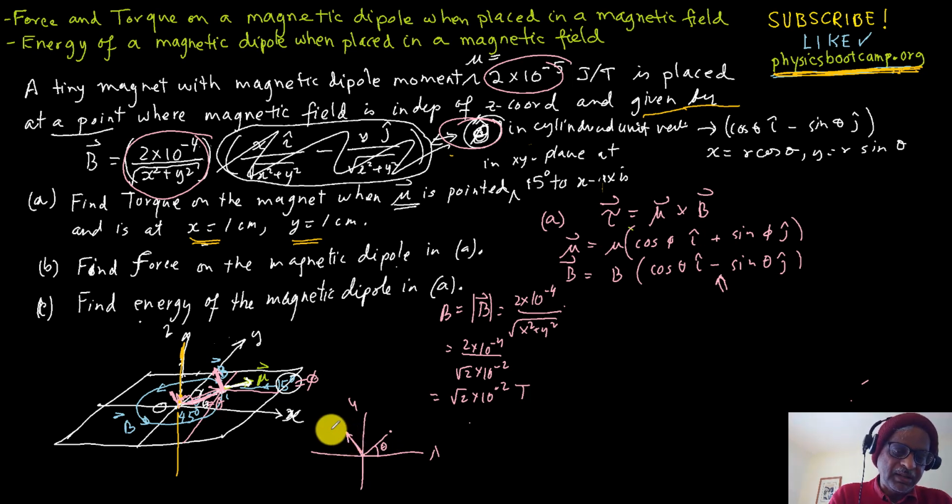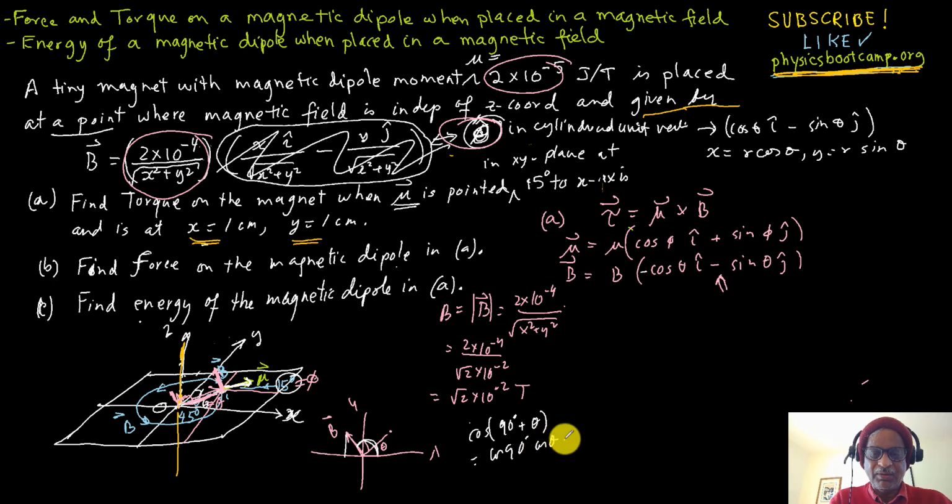B is in a direction 90 degrees to that, and if you work it out, it's going to be cosine of 90 degrees plus theta, which is cosine 90 degrees cosine theta minus sine 90 degrees sine theta.